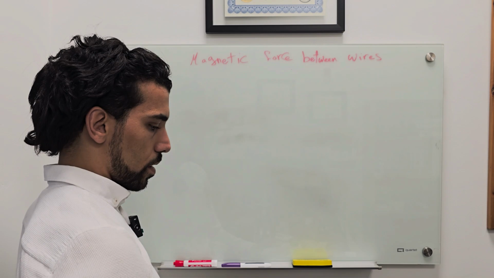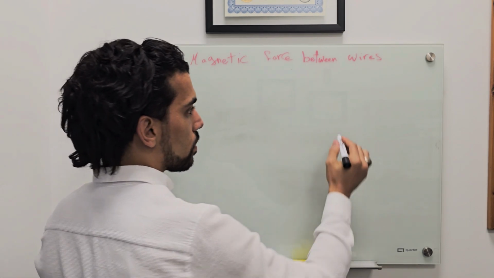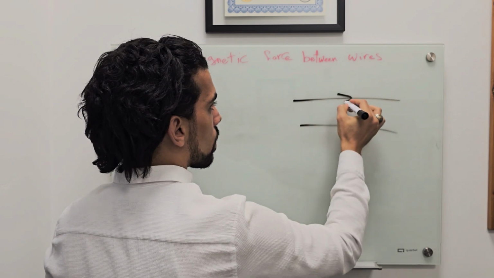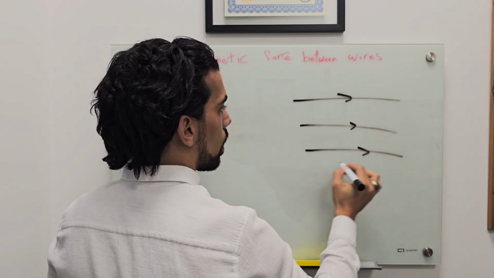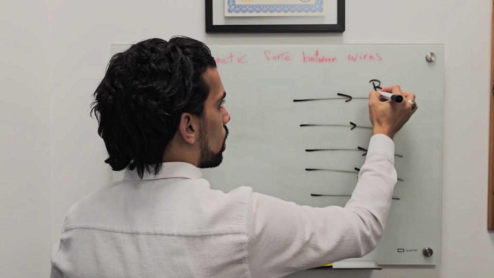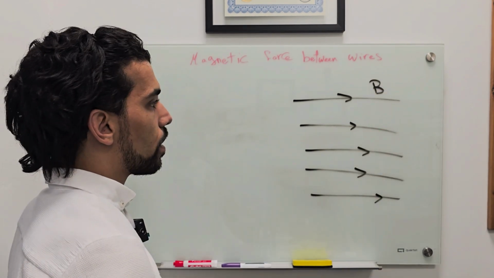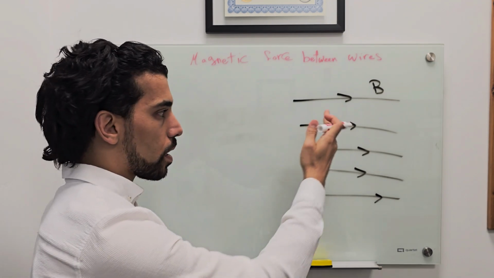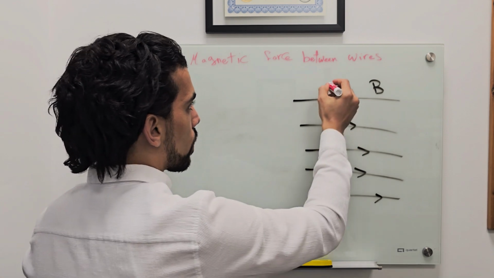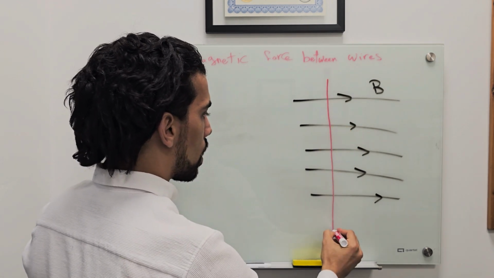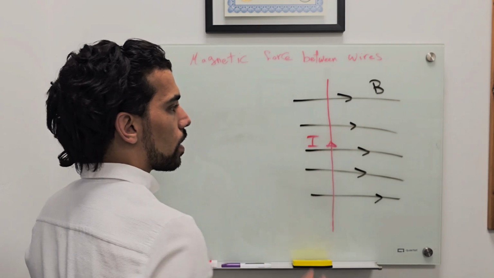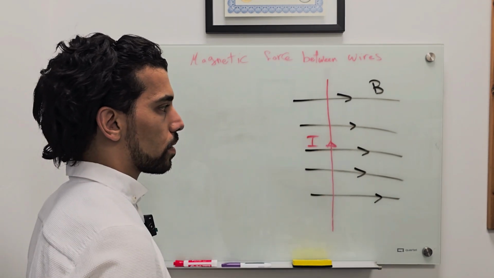So if you have some kind of magnetic field, let's say this is going to be the direction of the magnetic field. So this is B. And you put a wire inside this magnetic field and it has some kind of current. So we have a wire here, and this wire is carrying a current I, and the current is moving upward.